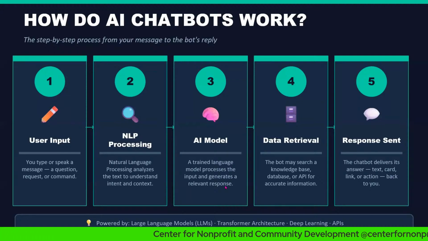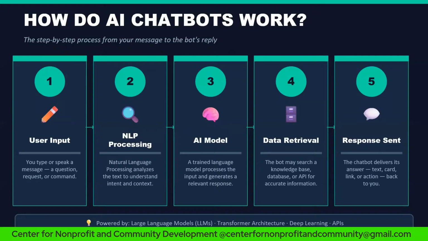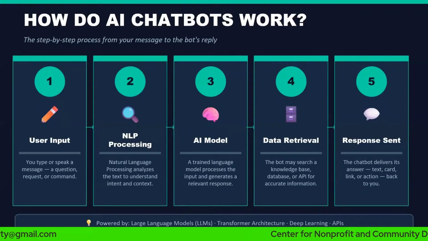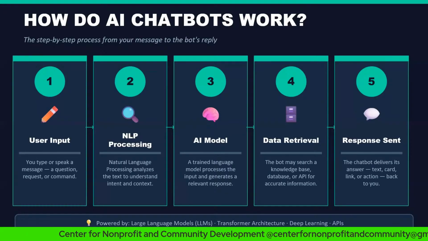So what is it powered by? How does it operate like it operates? First, one of the parts of it is called large language models. That's LLM. Remember these terms because we're going to be talking about them throughout the presentation, just like we're going to talk about NLP.